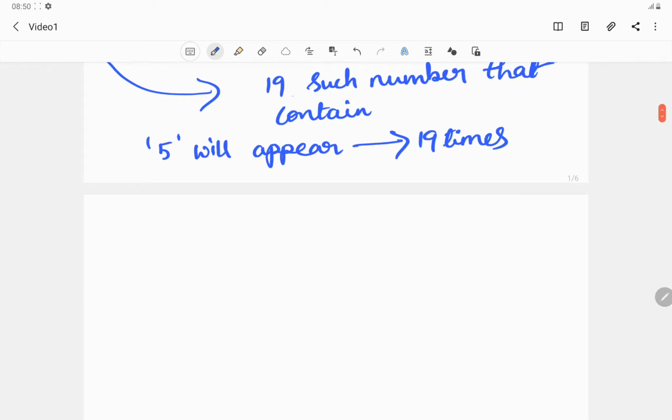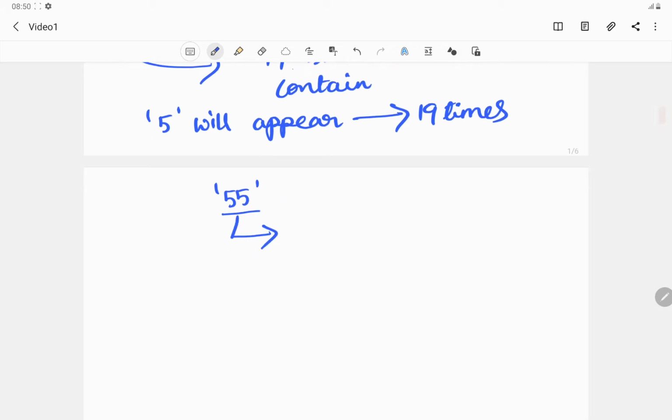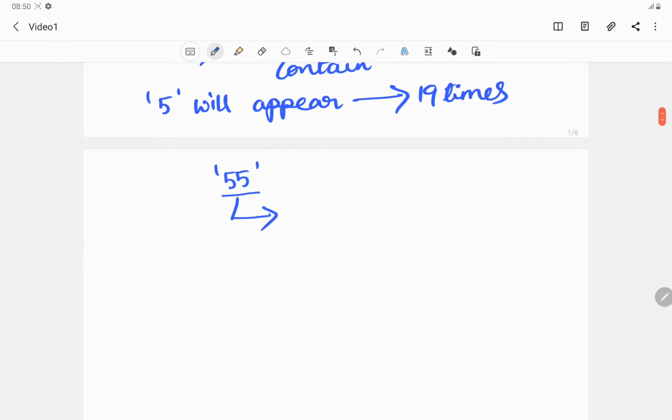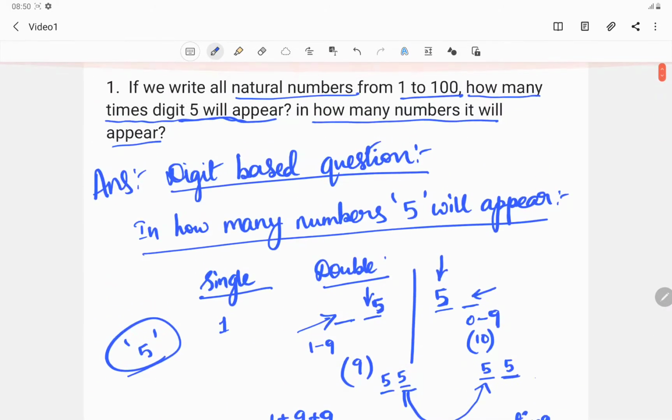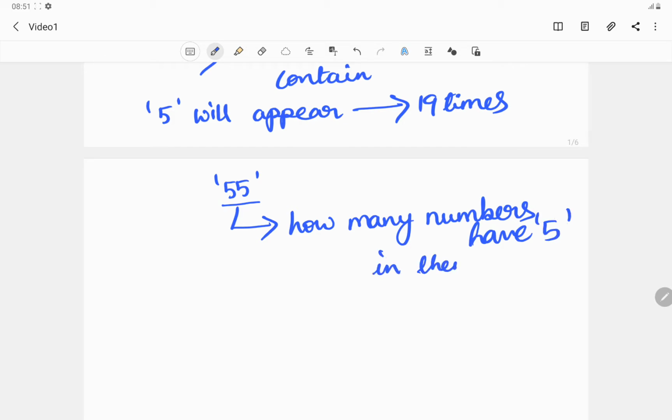Now if we take this peculiar number 55, in the first part of the question, wherein we calculated how many numbers have 5 in them, we got 19 because we counted 55 only once.